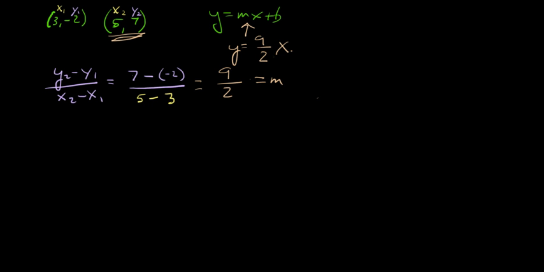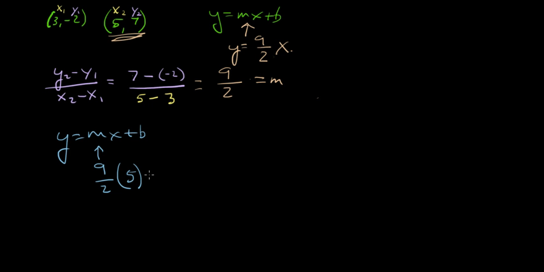So I'm going to put this in the equation y equals mx plus b, and I know everything in here except the b. So I'm going to find out what b is by just plugging in the numbers that I know about. Now 9/2 goes there. What is x? Well, I said I'm going to use this ordered pair, and the x here is 5.